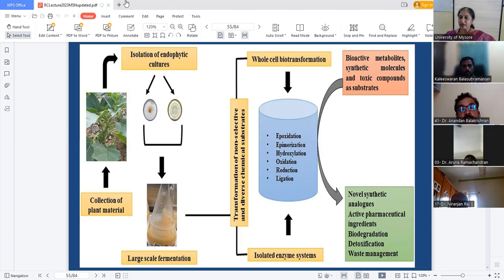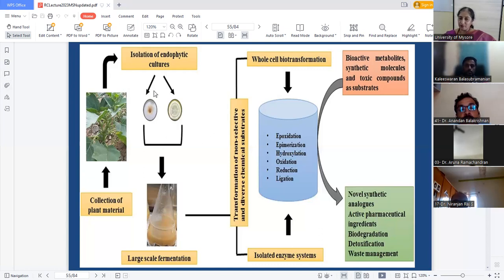There are methods of isolation. You give a surface sterilization with alcohol treatment, then wash in distilled water, and then plate them in minimal media. Water agar is the medium used for plating of fungi from the plant fragments, and we have actinomycete isolation medium for the isolation of endophytic actinomycetes.